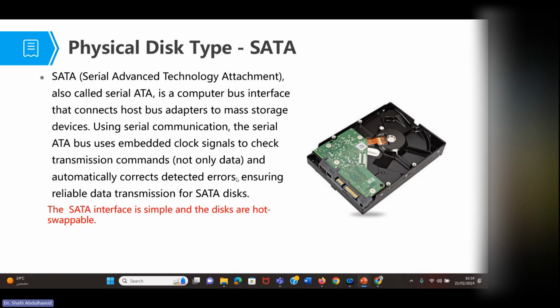This is unlike what we used to have in the parallel ATA before, where errors that occur in data storage cannot be corrected, therefore we lose a lot of information. The SATA can automatically correct detected errors and ensure reliability of data transmission for the data disk. So this is one of the most important features.